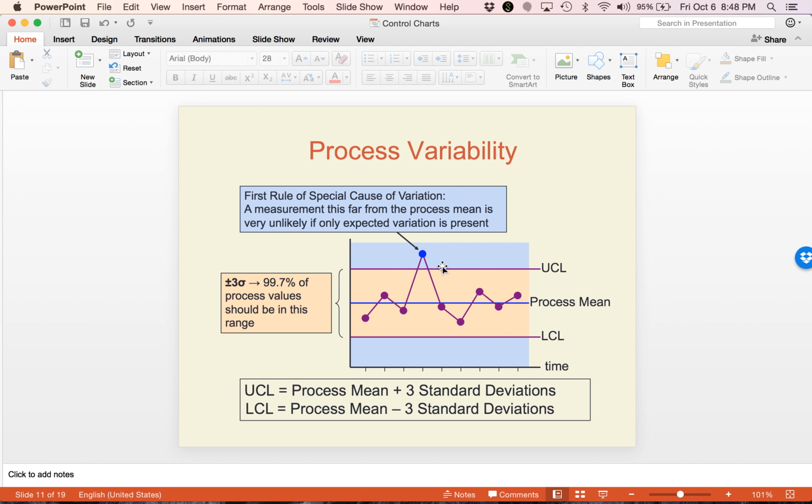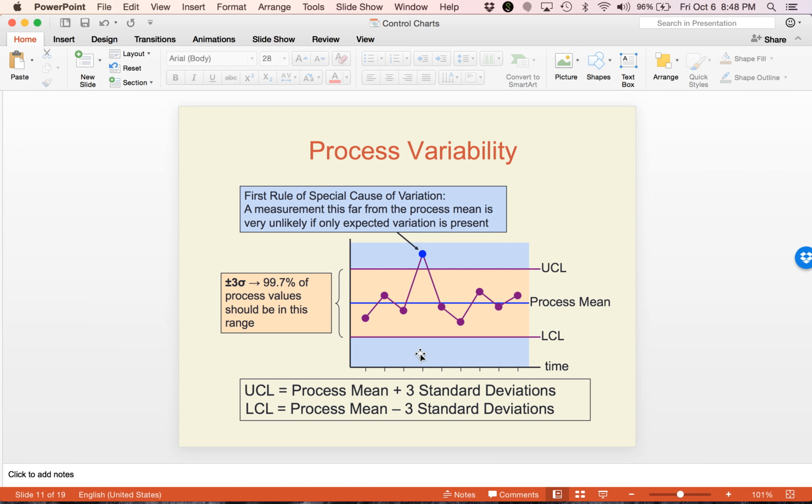The only time that we might actually expect a point outside a control limit is if we have a whole lot of points. So if 99.7% are expected to be in the control limits, if we have, say, 100 points, we might actually have one that's over the upper control limit, or lower than the lower control limit.